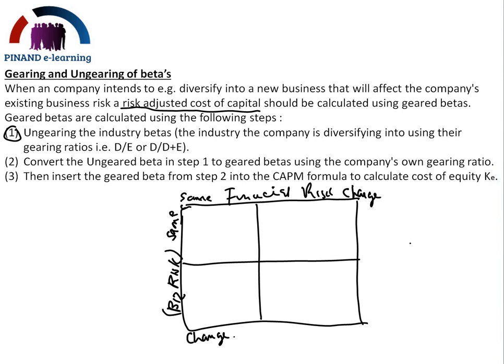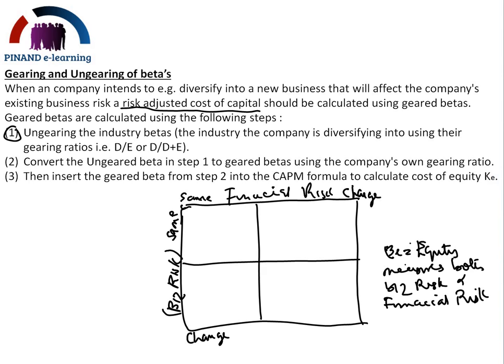Now you'll be hearing of two things as we're solving. You have equity beta, which is BE. We say equity beta measures both business risk and financial risk. Financial risk here means your debt over equity gearing level.